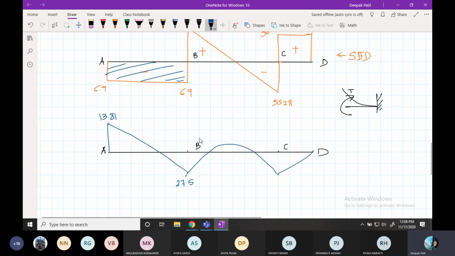Here you can see the shear force becomes 0, so you have to calculate this distance using the similar triangles rule, and add the positive area, and get this peak of plus 32.7. Here it is 120. So this is positive bending moment, negative, positive and negative. So this is your bending moment diagram. Are you clear, students?